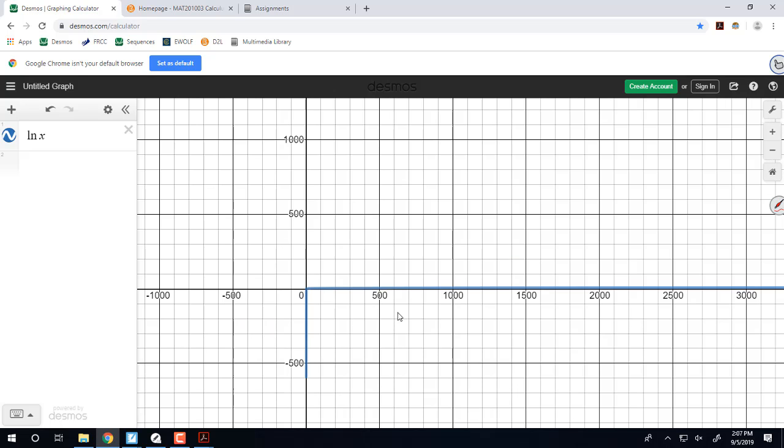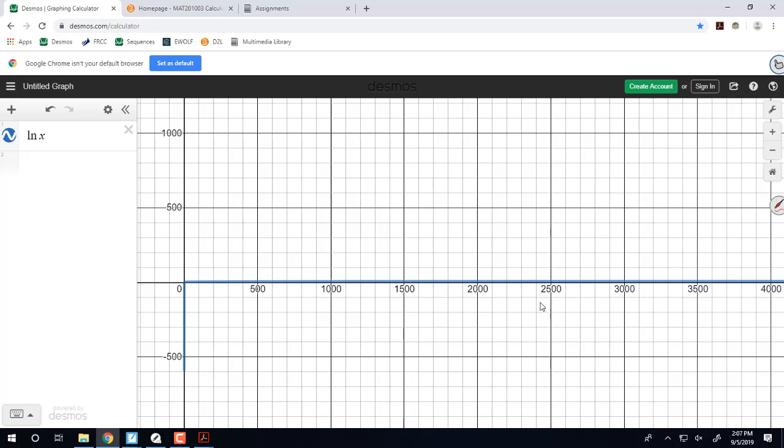If we zoom out far enough, it just looks like it's flat. For an input of 2500, the logarithm is outputting 7.4. So looking at the graph in that sense, we might think, does it actually approach infinity? Do these values get larger in this direction?